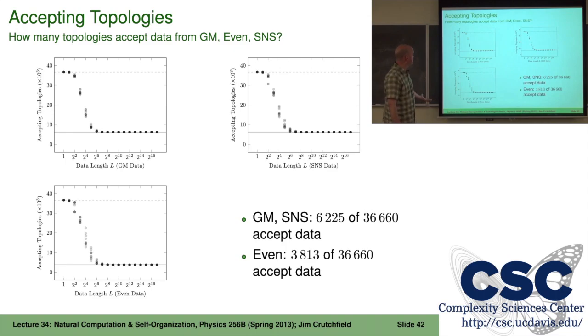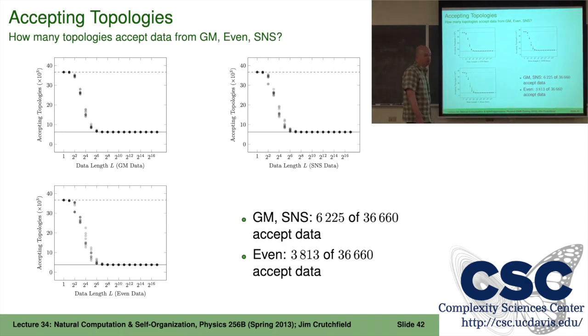And the common pattern here for GM, for even, and for SNS is that in the beginning, of course, everything accepts, but then there's this bend down, and by 2 to the 6, you hit this lower bound where the support is similar, and the GM and the SNS are exactly the same.